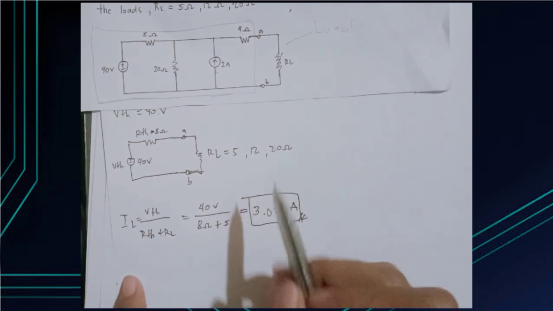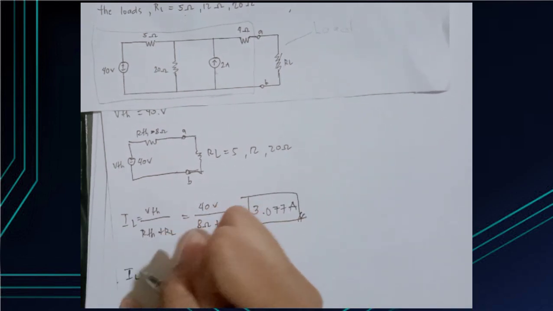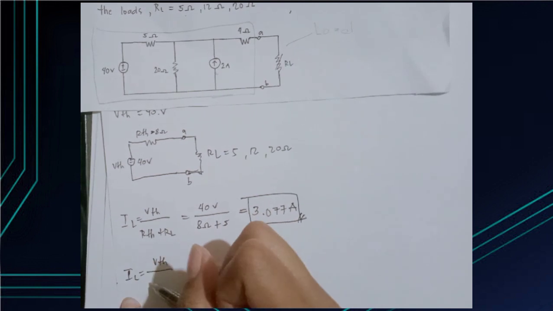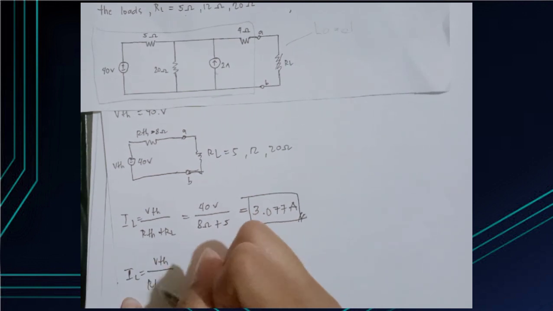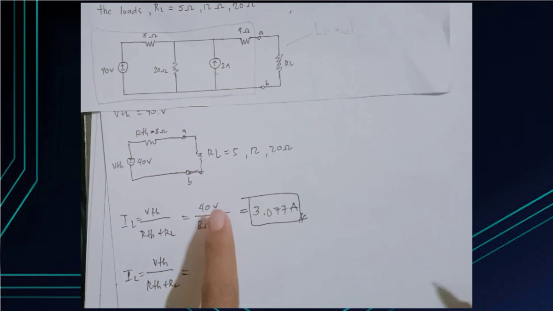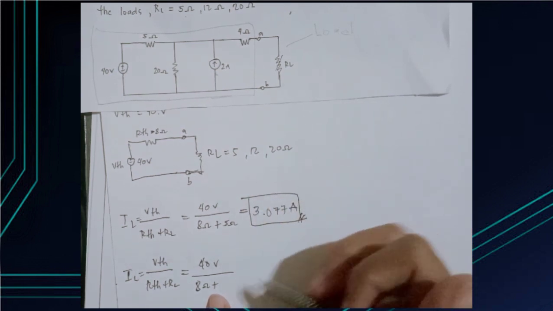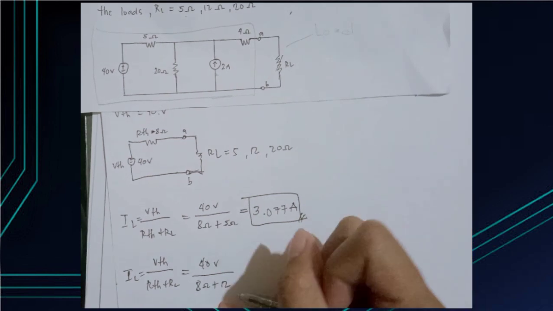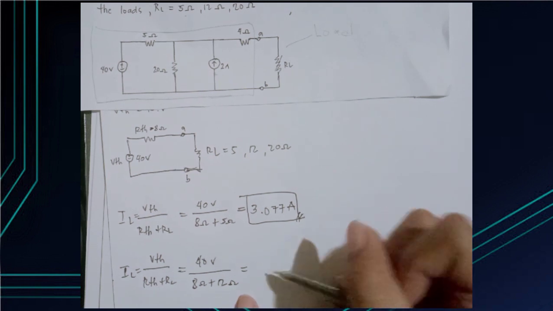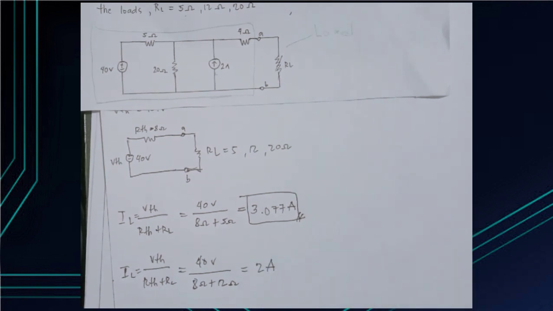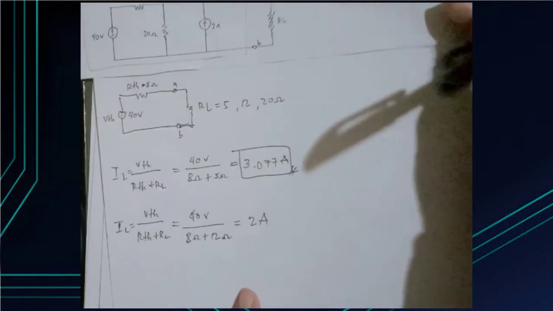Tapos, ito namang RL na 12 ang hahanapin natin. So, IL is equals to VTH over RTH plus ang ating 12 ohms, equals to 2 ampere.